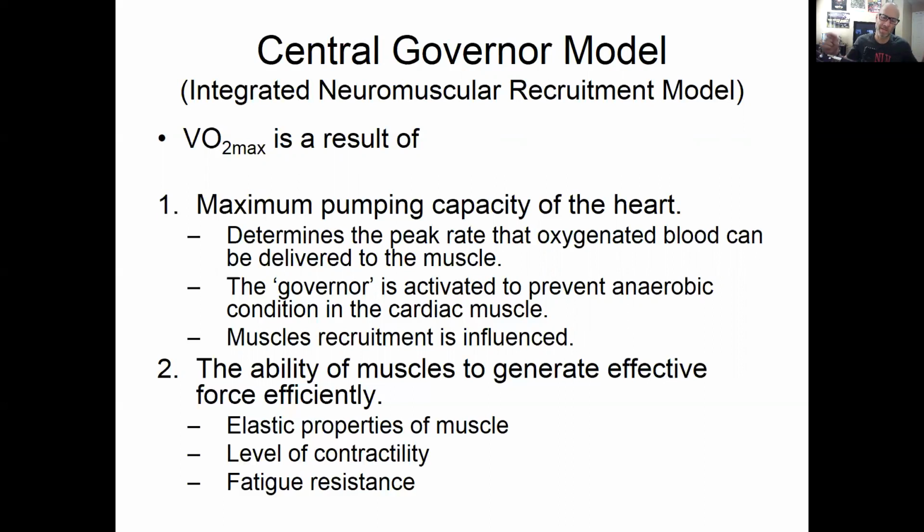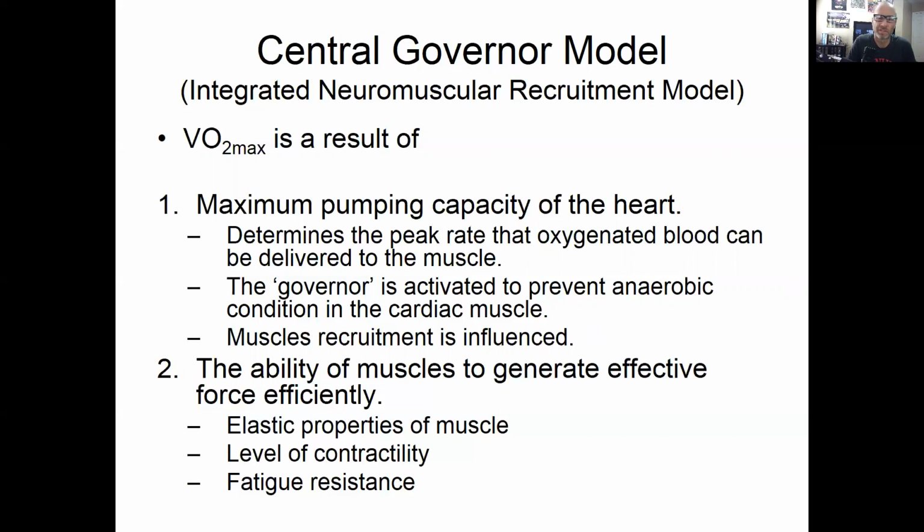You stretch a rubber band, you release it, that releasing pulls on the ends of the rubber band, and that does not happen because of any metabolic cost. Same thing in the human body, we have elastic tissue that we can take advantage of, that does not require oxygen to allow elastic tissue, a tendon, to recoil.